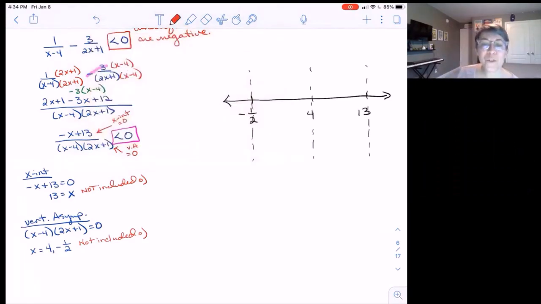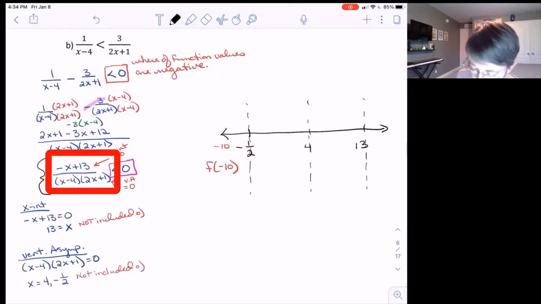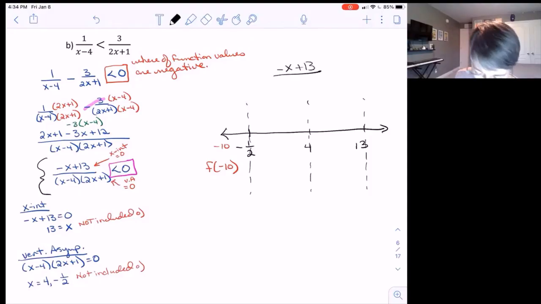So a test value to the left of negative 1/2 could be a negative 10. So we can find f of negative 10. And again, I'm going to focus on the factored form, the negative x plus 13 over x minus 4 times 2x plus 1, to determine our signs. And remember, this is the opposite of x up here.